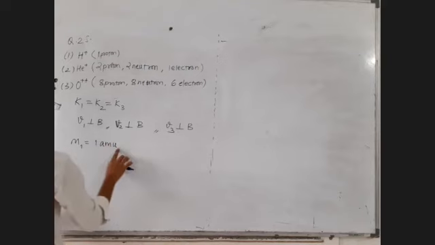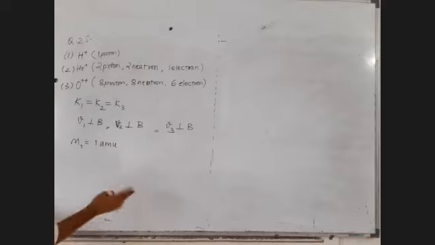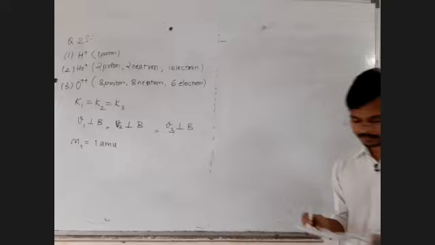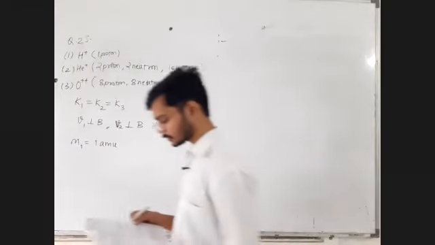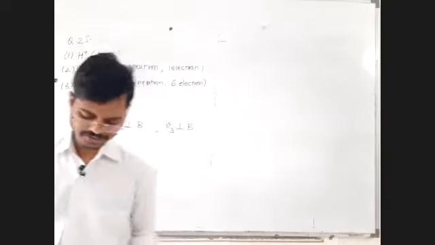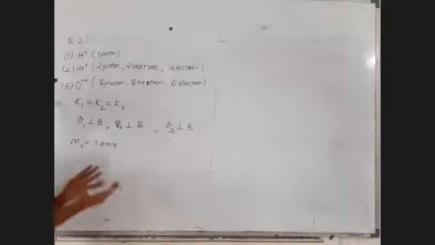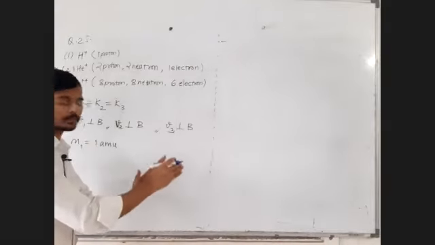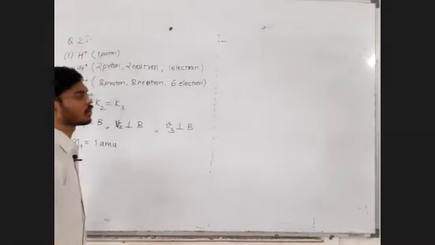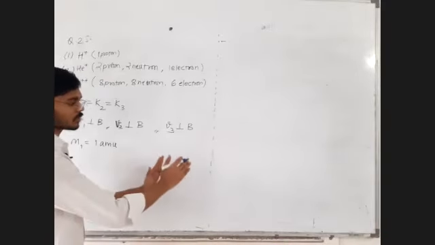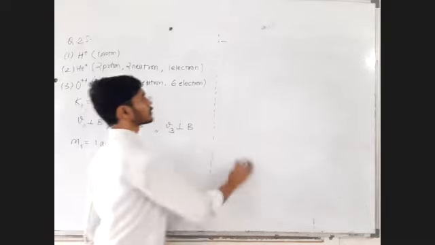AMU means atomic mass unit. It is some unit of mass, just like kg is a unit of mass. 1 AMU is equal to some amount in kg.